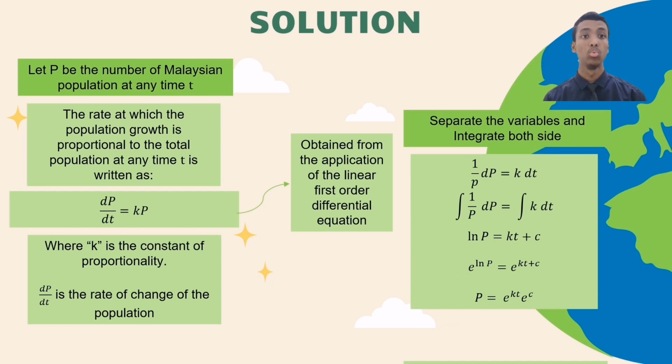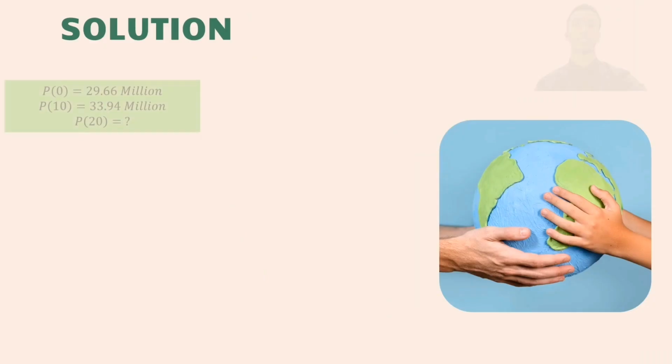To eliminate ln, we need to apply the exponential to both sides. So we will get P equal to e to the power of kt times e to the power of C. Lastly, we know that e to the power of C is a constant value, so we can replace it with any variable. So we will get the model equation for our problem, P equal to Ce to the power of kt.